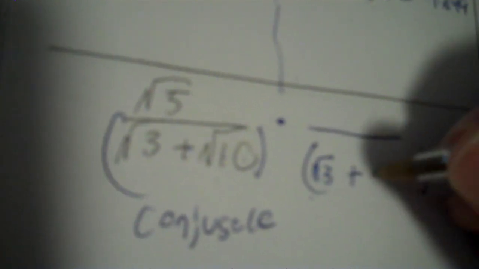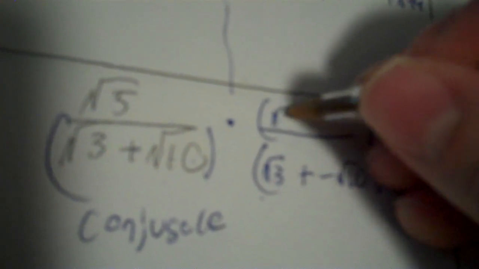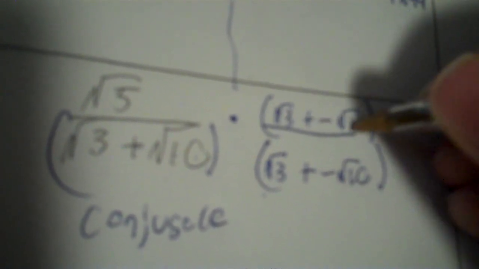You switch the second term from positive to negative or negative to positive. This is positive, so I will put a negative. And the square root of 3 plus negative square root of 10. Okay? Alright, so here's my answer.